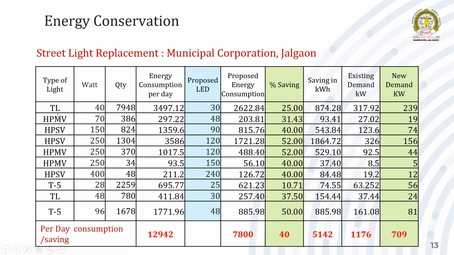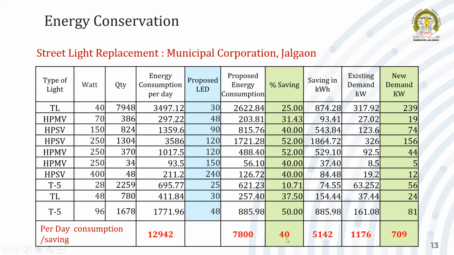Instead of tube light fittings or a 70 watt high pressure mercury vapor lamp, there is a 48 watt LED. Similarly, a 250 watt high pressure sodium vapor lamp can be replaced by a 120 or say 150 watt LED light. So these LED lights I have proposed, and from this the consumption reduction per day is 7,800 units.